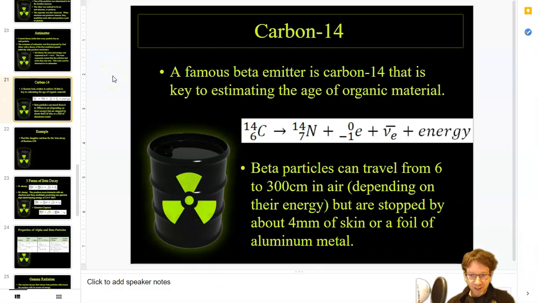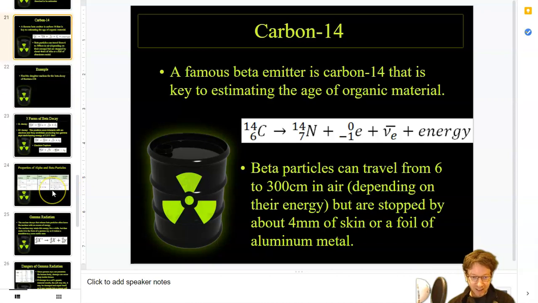All right, so I'm going to go over carbon-14 because carbon-14 is a very famous emitter of beta particles. So it'll become nitrogen-14, and we'll get that beta particle sent out. And the reason why it's so famous is because we use it to predict the age of any organic matter, which I'll talk about shortly.